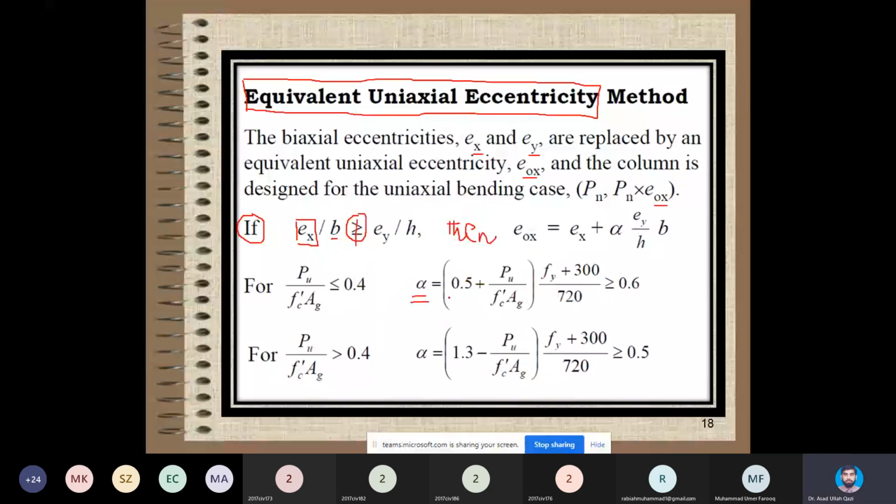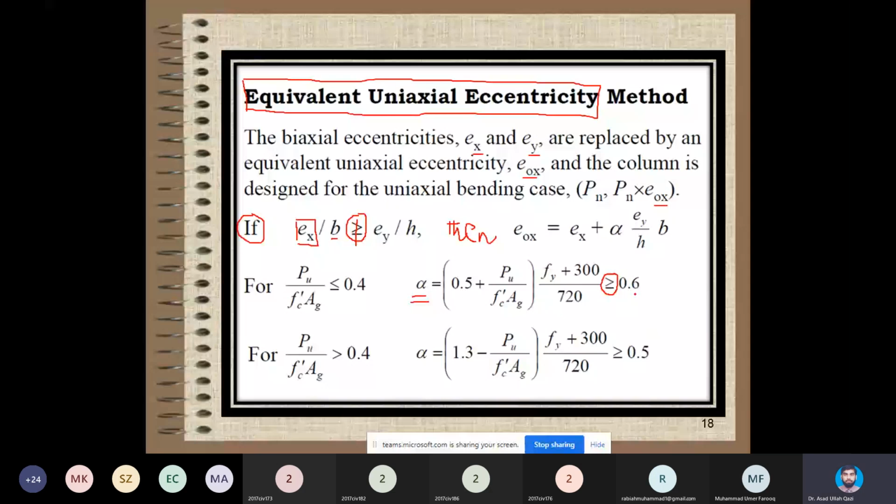The result of this equation should not be less than 0.6. So either equal to or greater than 0.6 is recommended, 60 percent, you may say 0.6 into this second component.